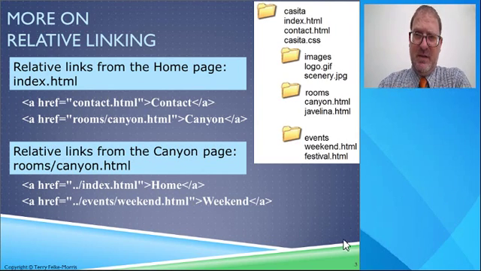In this case, we have images in the images folder, a logo, scenery, a rooms folder with Canyon and Javelina, and an events folder with a few files. This is not uncommon, but if you want to get from Canyon over to the images, you have to go ../ and then /images/logo.gif.